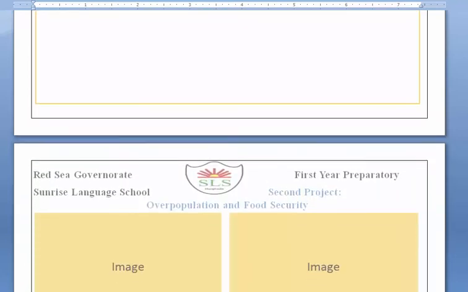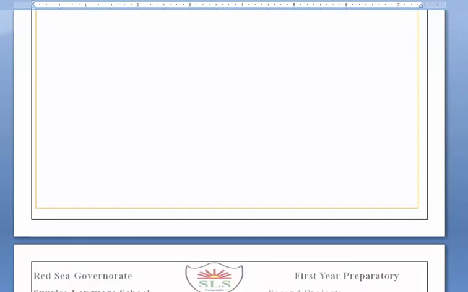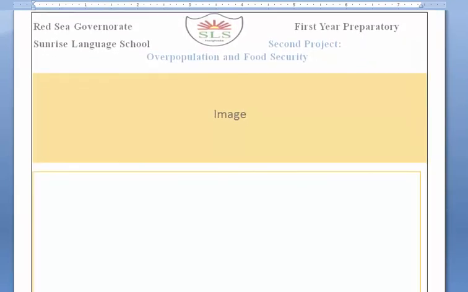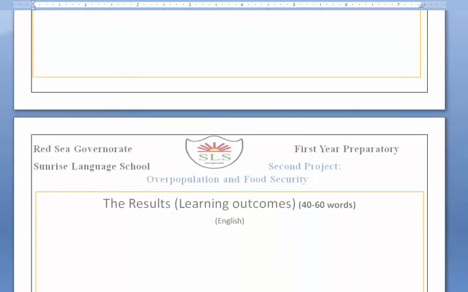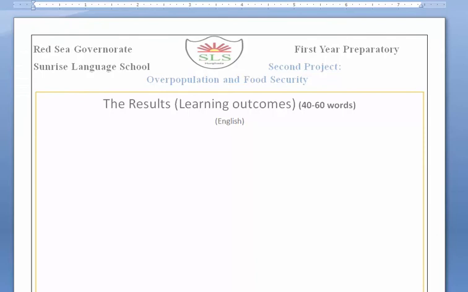After that, you may also include a graph or images related to your project. After you finish the points of your project demanded by the Ministry of Education, you are going to write the results, meaning the learning outcomes: what you have learned through doing such a project.